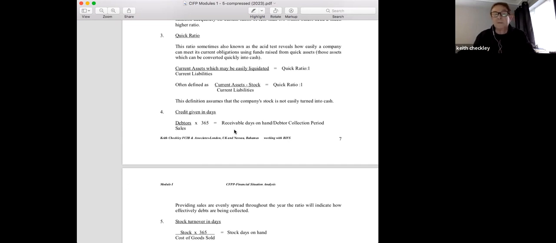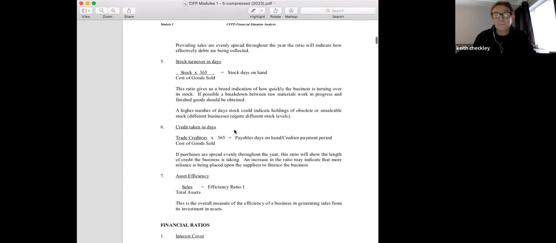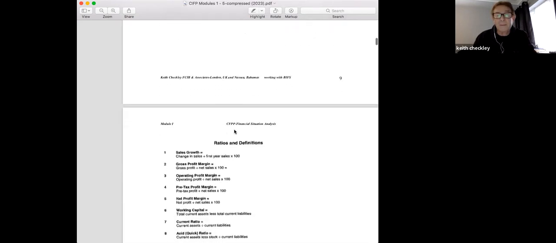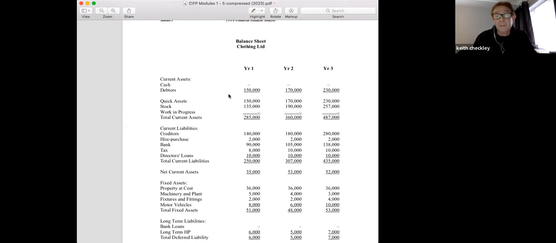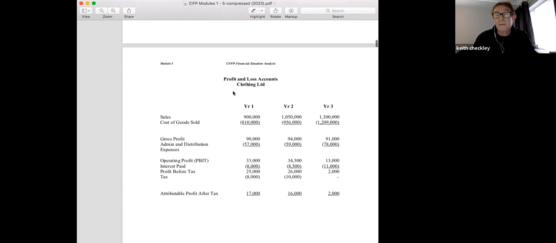So let's do that. The debtors from the balance sheet, there we are, 150,000. And we're going to divide that by sales from the income statement. And there's the sales, 900,000. Because we're looking for the collection period in days, on this particular analysis the number of days would be interesting to do.